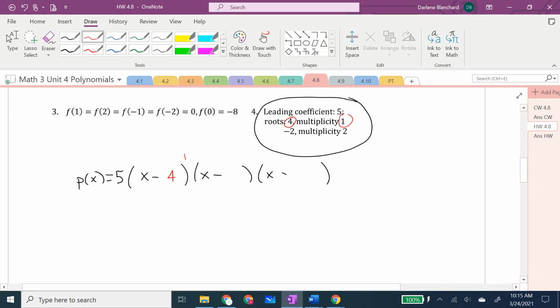I don't need to write this one, but I'm just emphasizing it. And then a root of negative 2 with a multiplicity of 2. And that's it, so I don't need this next parentheses. So this is my polynomial. From here, it is just a matter of multiplication.